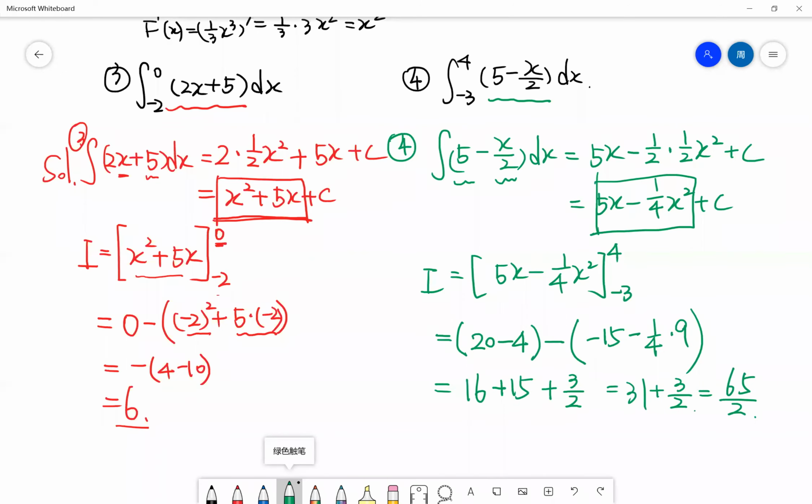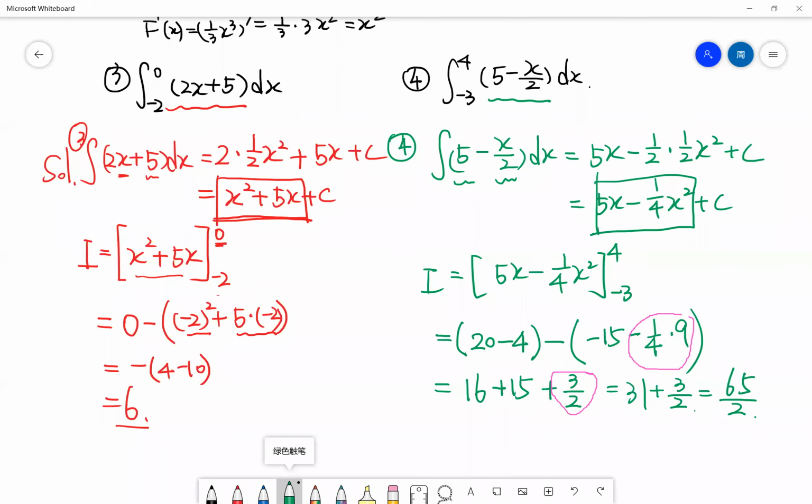No? Did I make a mistake here? Or did you make a mistake here? So first, we have found the same antiderivative, right? They are 5x minus x squared/4.